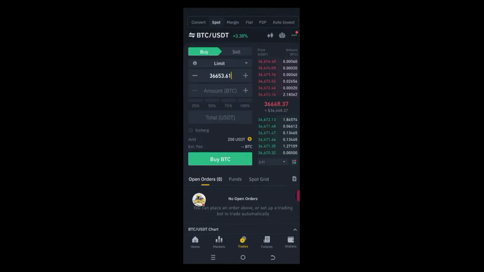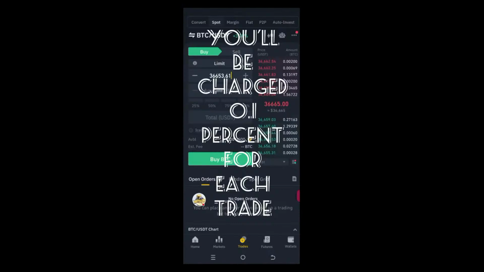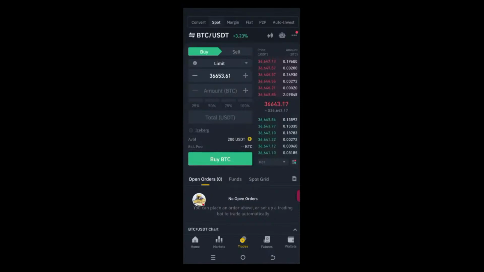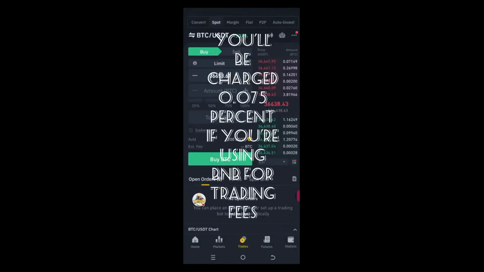Now, of course, you should realize that in the spot trading section here, you're going to be charged 0.1% on any trade. And if you're using BNB for your trading fees, you will be charged less, like 25% less, something like 0.075.